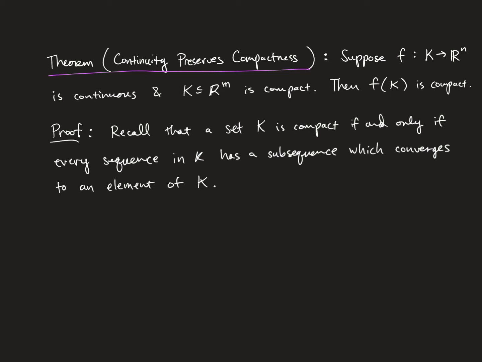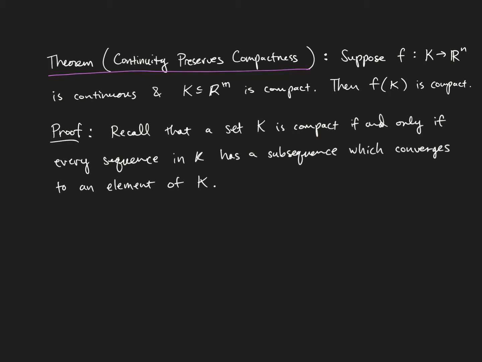So for us in these lectures, this is a theorem, a consequence of the definition of compactness, whereas for the text, this is the definition of compactness. So this is one of the main two ways you can think about compactness.